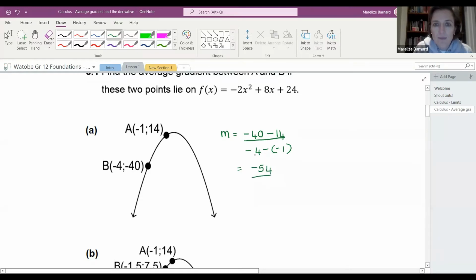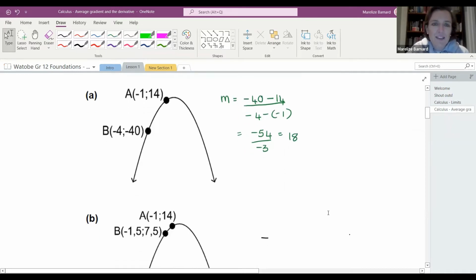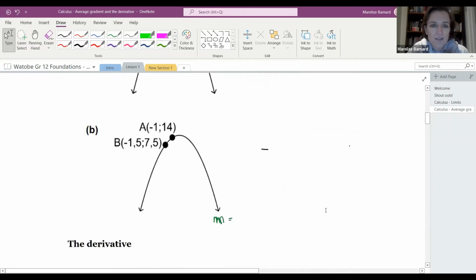And that's going to be minus 4 plus a 1 is going to be minus 3. And 54 divided by minus 3, that's 18. Well done, everybody. That gradient is 18 between the two average points.